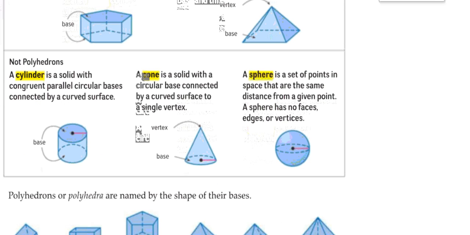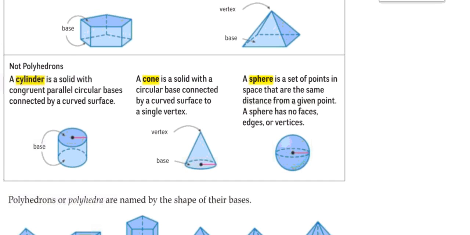Things that are not polyhedrons, but we are super versed in them, are cylinders, cones, and spheres. They were all on our picture thing yesterday. A cylinder is a solid with congruent parallel circular bases connected by a curved surface. Again, that makes it not a polyhedron.